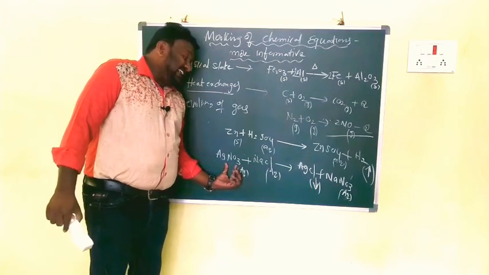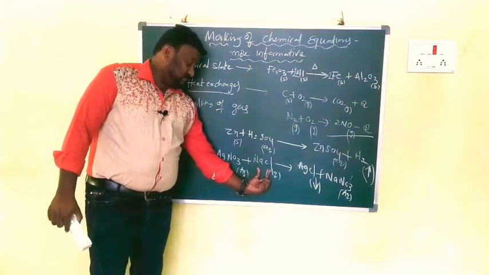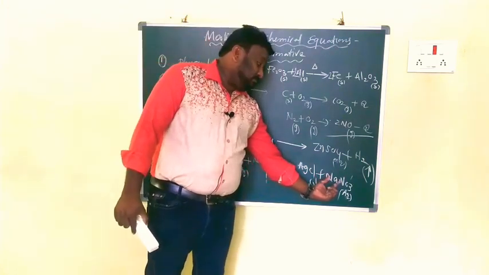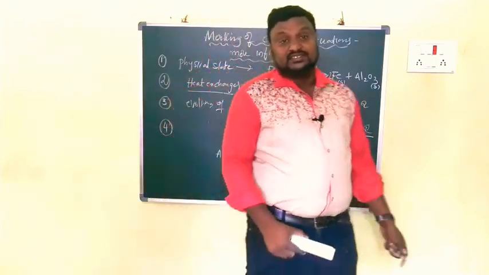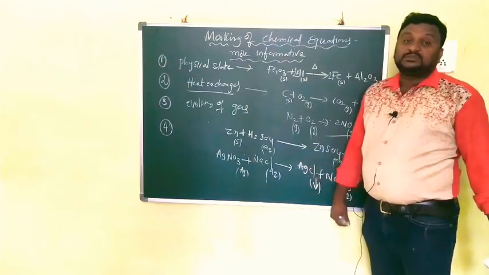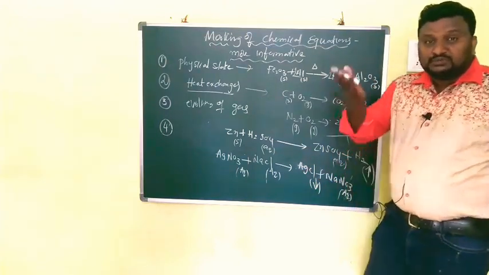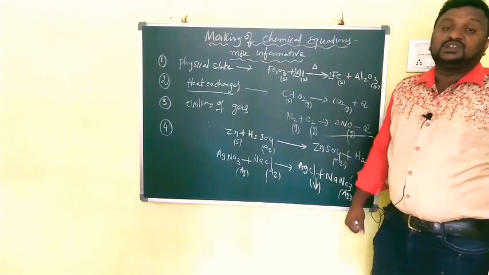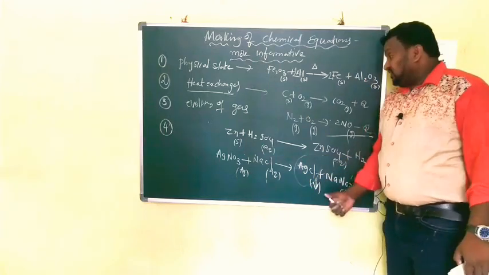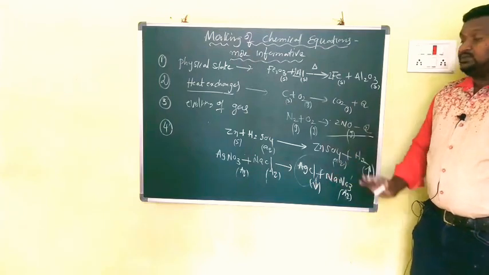When silver nitrate reacts with NaCl, we get silver chloride plus sodium nitrate. The solid precipitate, like a powder, goes down in the solution. So the AgCl precipitate that forms should be mentioned with a downward arrow. This is the fourth one.